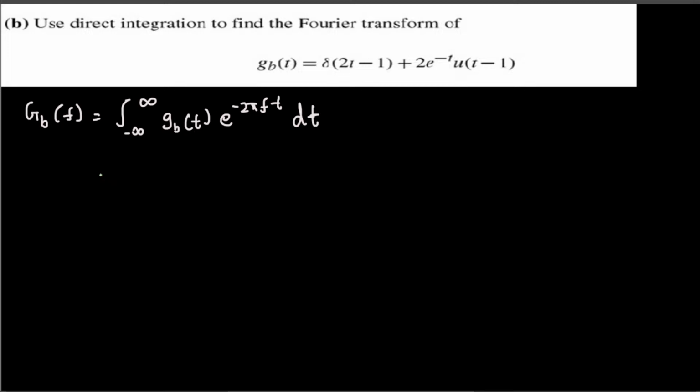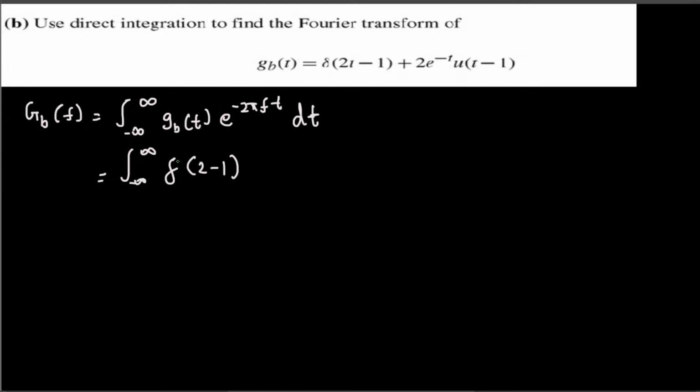it's going to come like negative infinity to infinity, and then we are going to have delta of 2t minus 1 multiplied by e^(-j2πft). You can put it all together, or you can separate individually, because after you multiply everything together you have to separate anyway. So I'm going to do the separation right away.